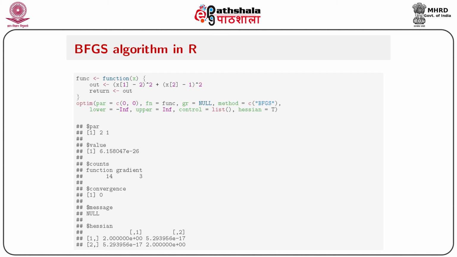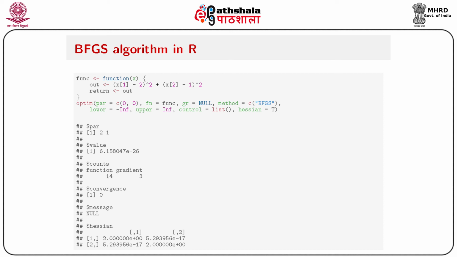And for the function, here we define a function func c of x, and out equals x1 minus x2 whole square plus x2 minus x1 whole square, and return out. Then we will use the function optim, where par equals 0 0 as the initial value, fn is the function func c, gradient NULL, method BFGS, which is the quasi-Newton method, that is the Broyden, Fletcher, Goldfarb, Shanno algorithm.